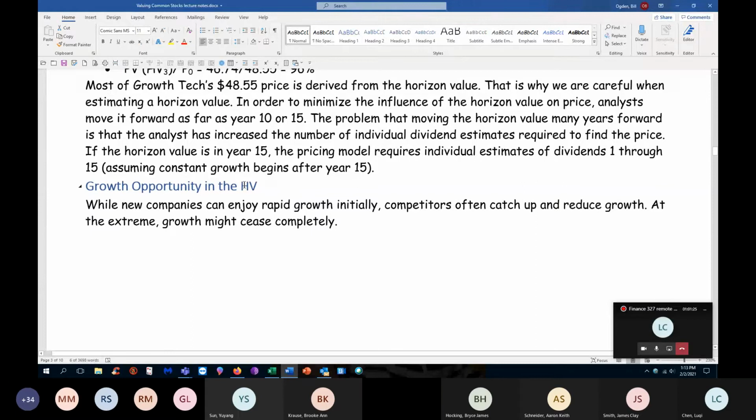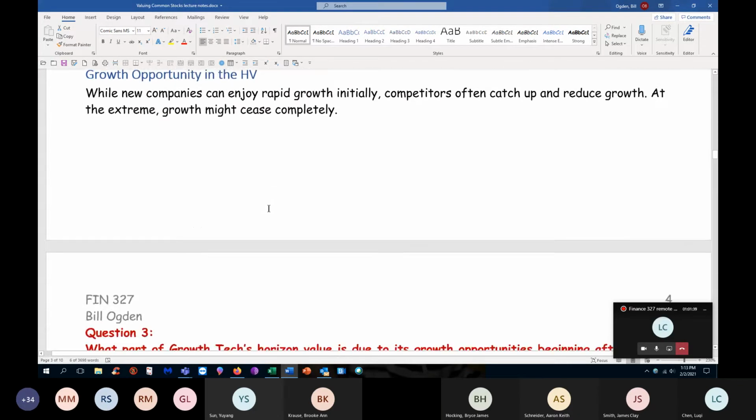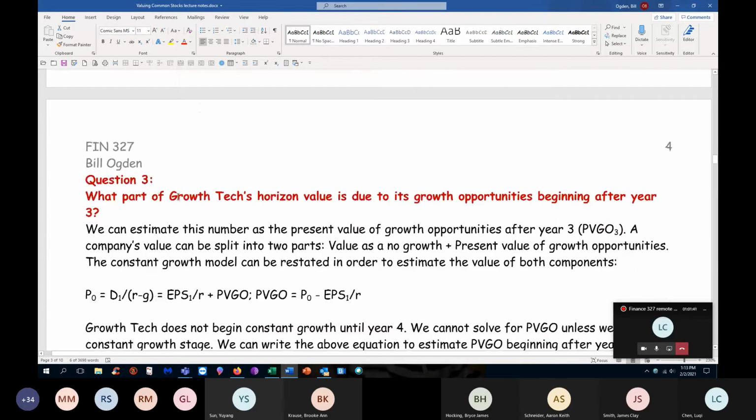Growth opportunity in that horizon value. While new companies can enjoy rapid growth initially, competitors often catch up and reduce growth. At the extreme, growth might cease completely. All right. What part of the company's horizon value is due to its growth opportunities beginning after year 3? All right, let's go back and see what we have.